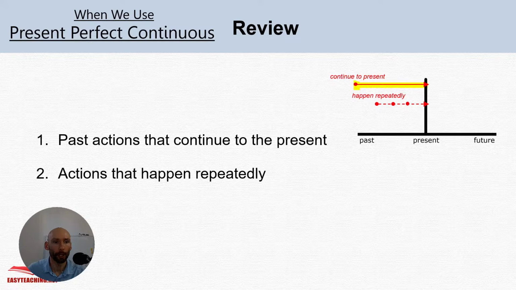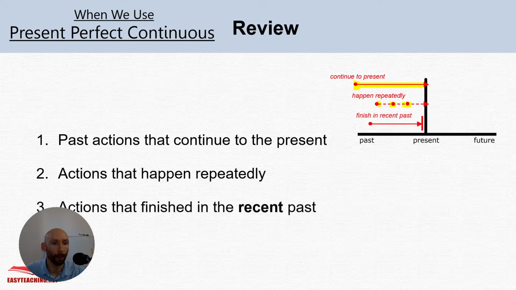It can also show that actions happen repeatedly, not necessarily continuously, but at points along the way, from the moment in past to the present. Or it can show that actions have only very recently finished.